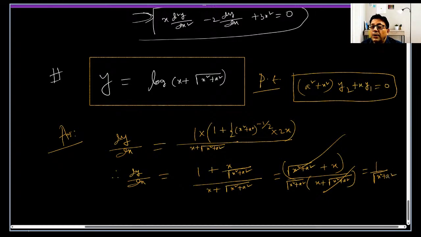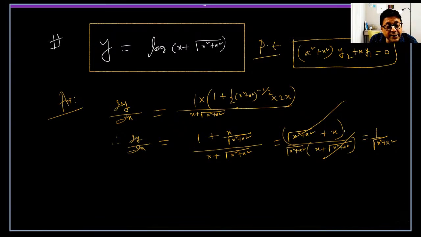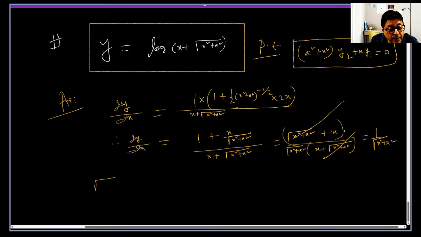Most of you will like to differentiate at this step and then put the value of y2 and y1 over there. But I'll tell you to see the method I am using here to get this kind of sum very quickly. Just cross multiply: root x square plus a square dy by dx equal to 1.